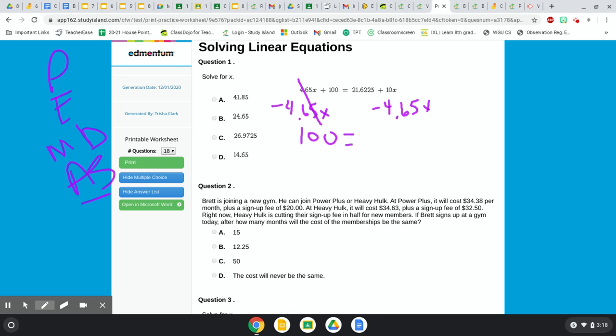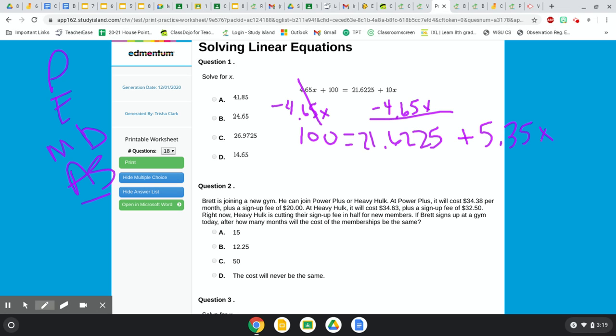Bring down my equal sign. I still have that 21.6225. And 10x minus the 4.65x gives me a positive, so I need that plus sign, 5.35x.